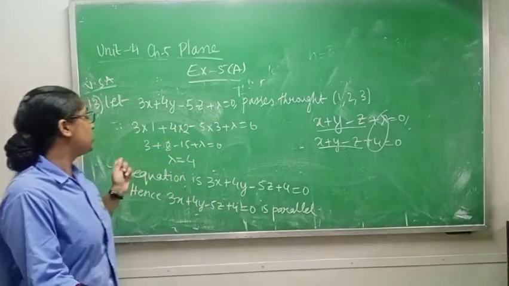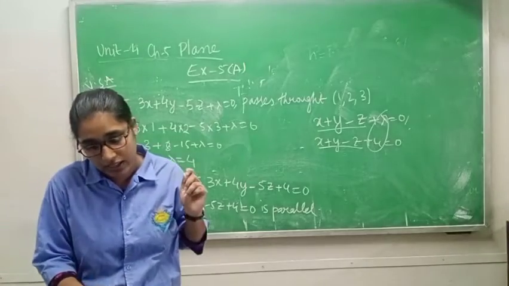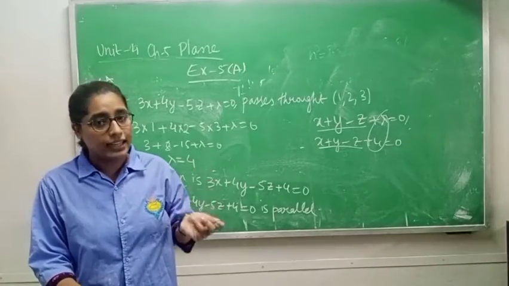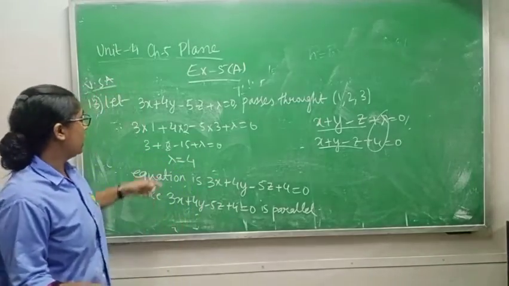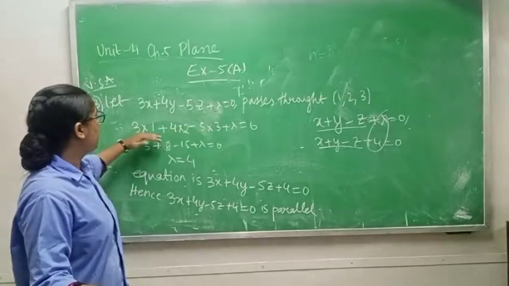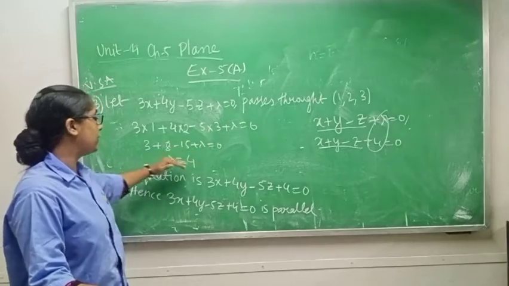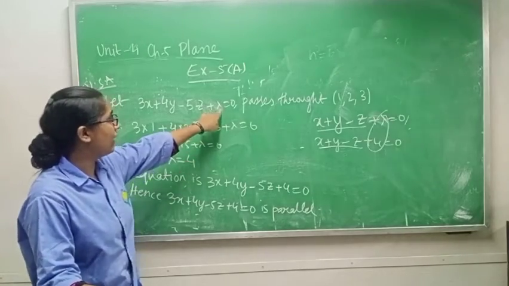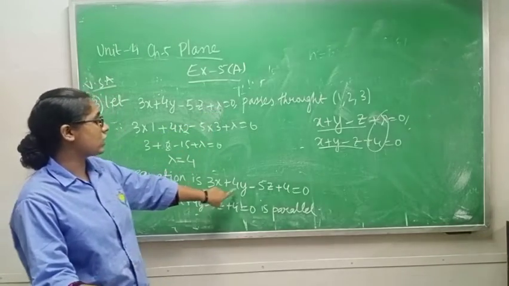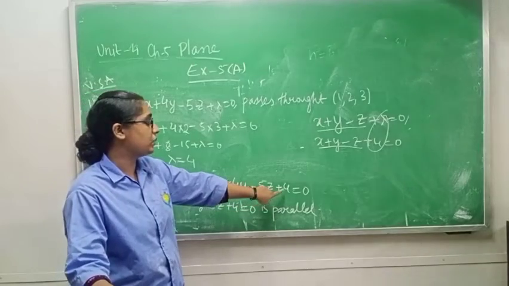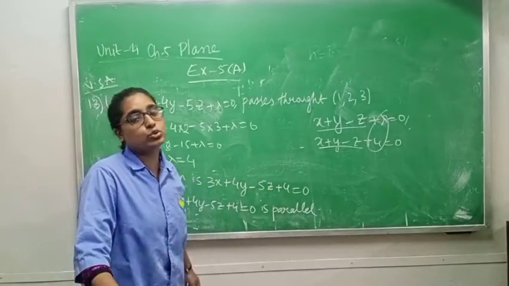Because it is written that 3x plus 4y minus 5z is parallel to the plane which we have to find. So I am putting x value 1, y value 2 and z value 3. I am getting lambda value 4. Now I am putting the lambda value here. I am getting the equation 3x plus 4y minus 5z plus 4 equals 0. We have to show this one, and it is over.